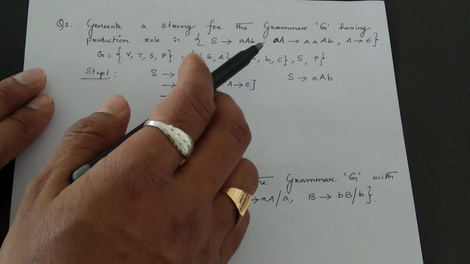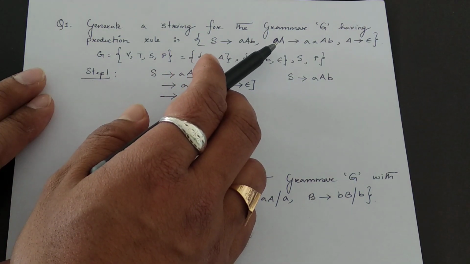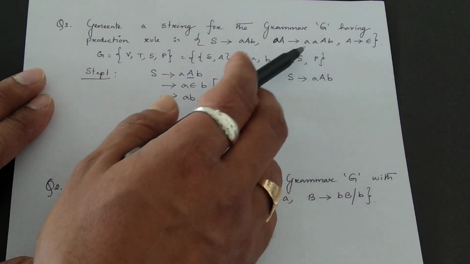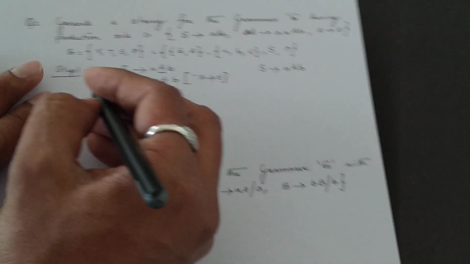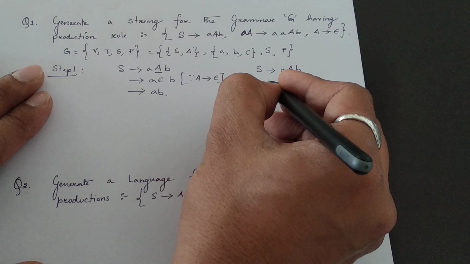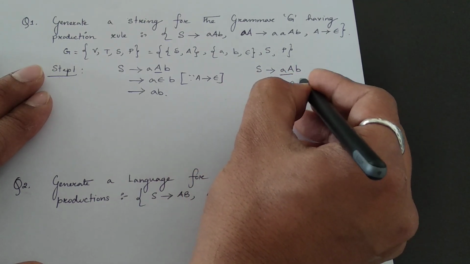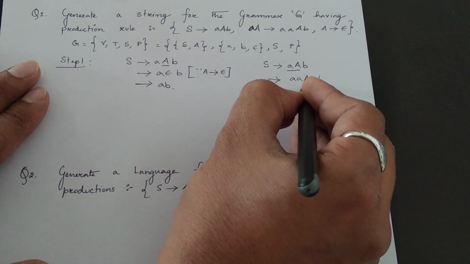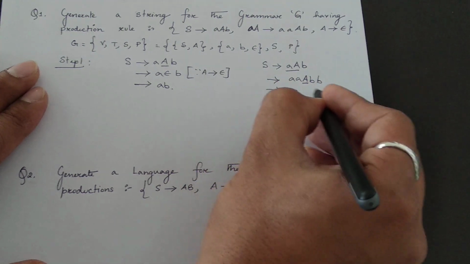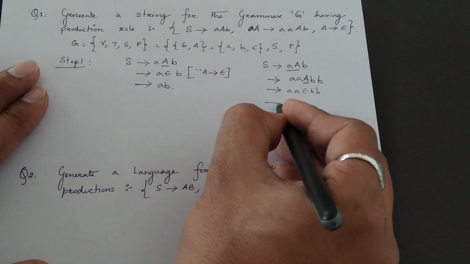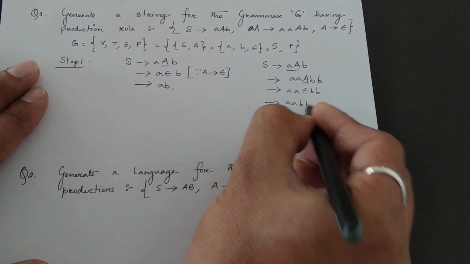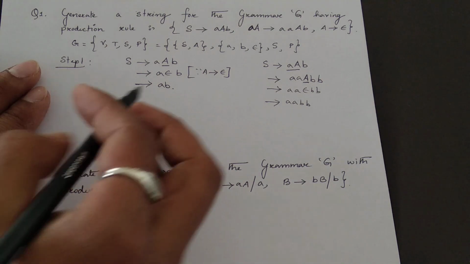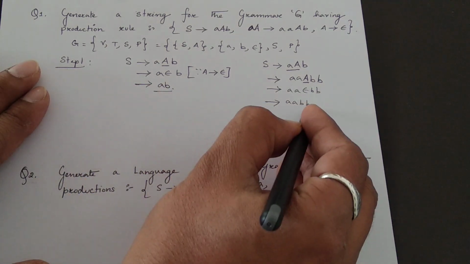Now I use the second production, AA, and replace AA by the entire string AAABB, correct? If I replace A again by epsilon, what will be the string now? AABB. Clear? So now I have two possible strings, AB and AABB.